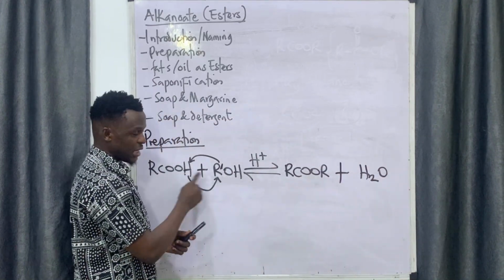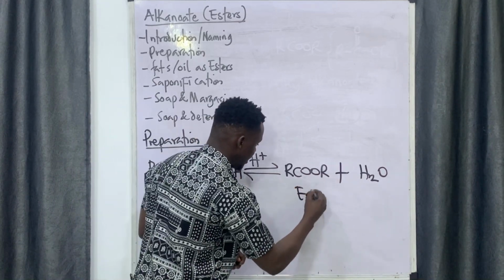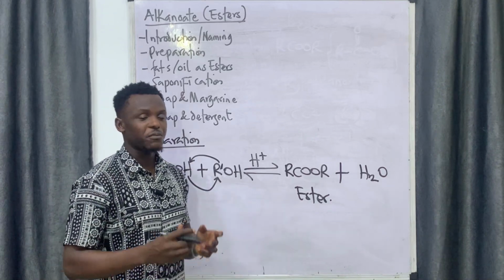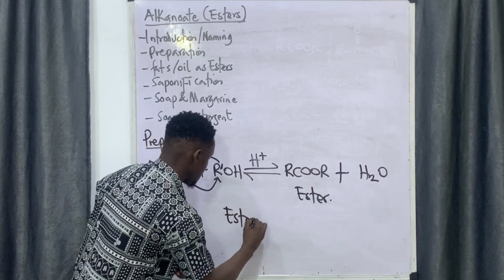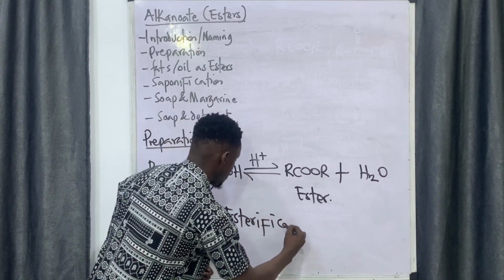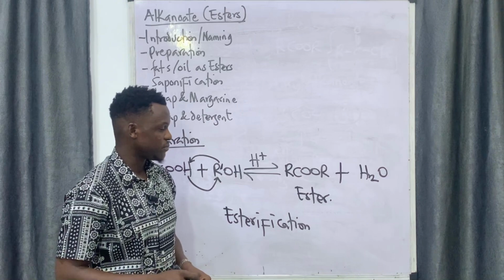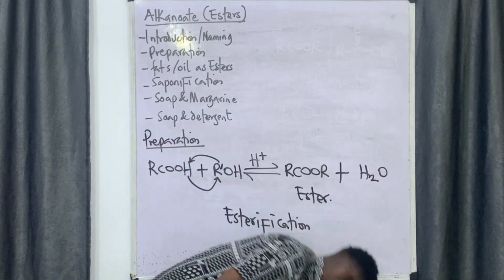Now this H comes out and picks up OH to form water. So this is our ester. So in exams, if you're being asked, the process of producing esters is known as esterification reaction.